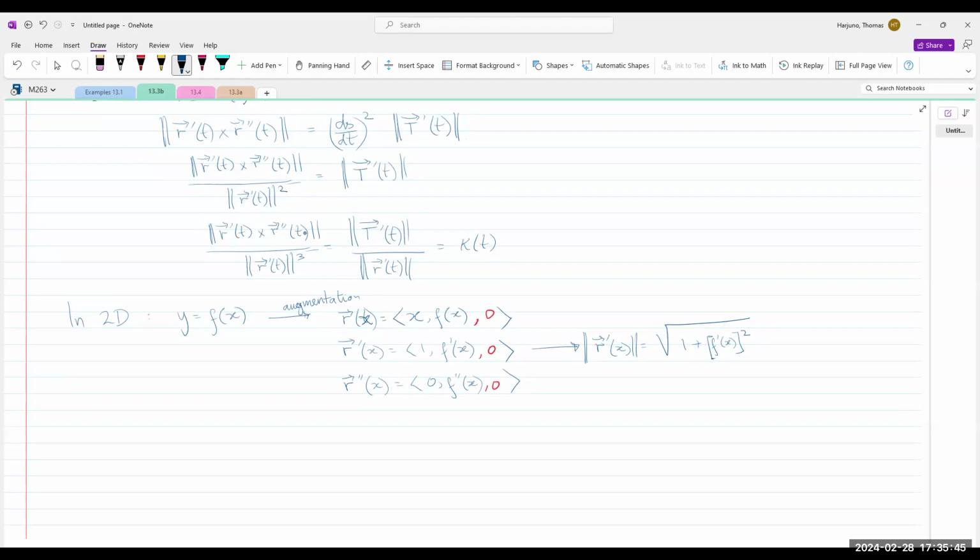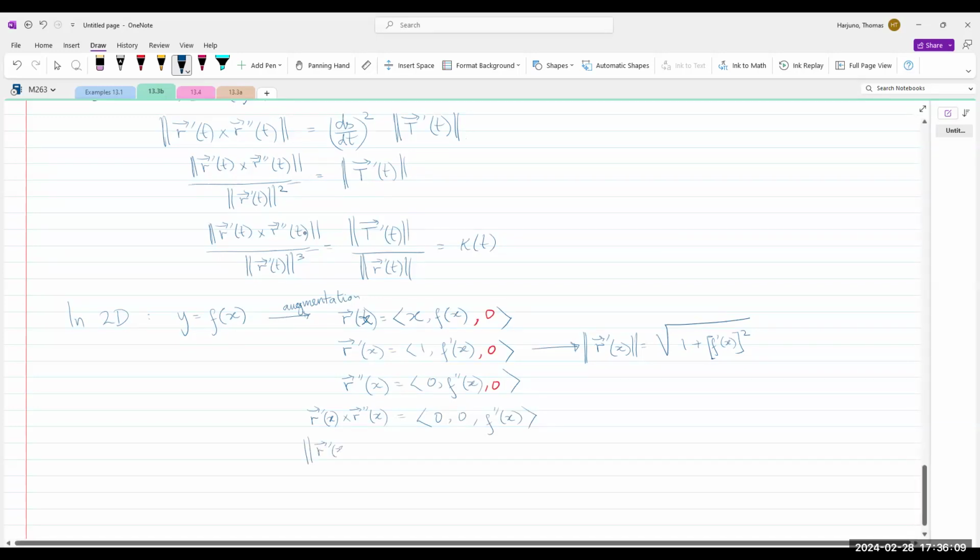Okay, while r prime x cross r double prime x will be the ijk thingy. Let me just do it fast. So it will be 0 here, it will be 0 here, it will be f double prime x here, whose magnitude is basically f double prime x.